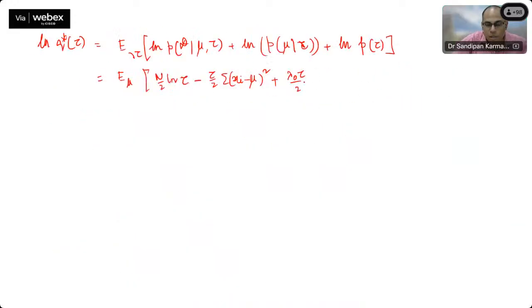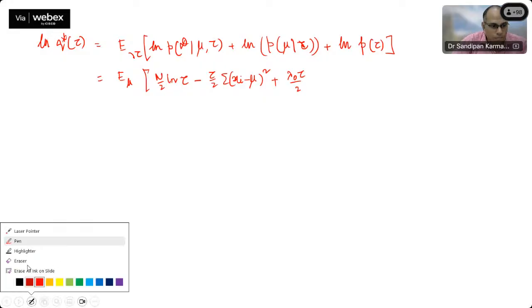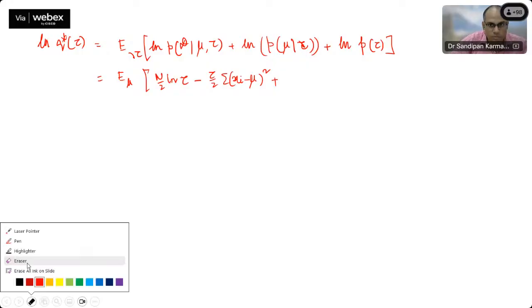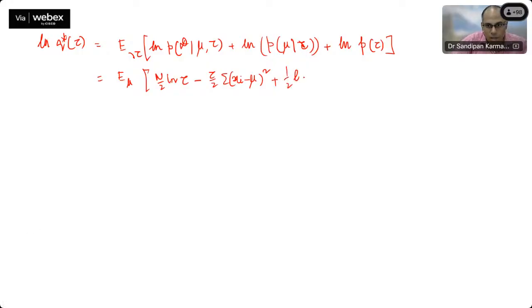So this will be half ln tau, minus lambda naught tau by 2, mu minus mu naught square.